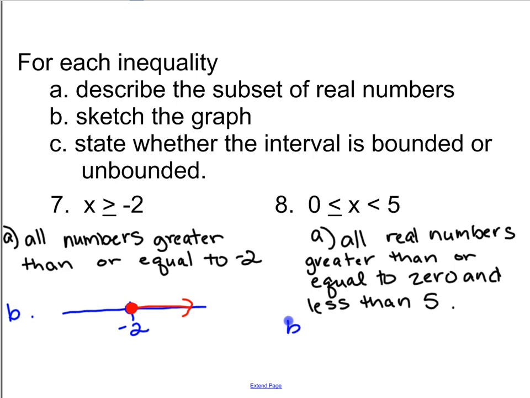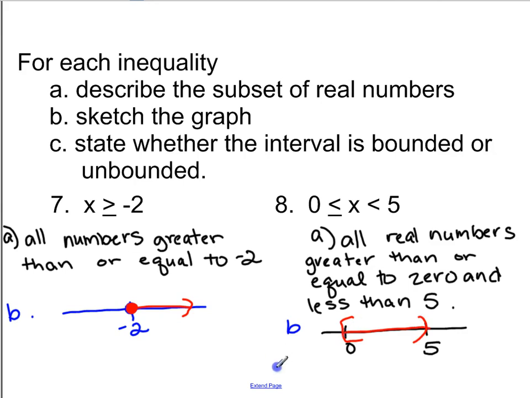Over here, I'm going to draw the number line, and we're going to put 0 and 5 on the number line. And the bracket on the 0 should be closed or square, and on the 5 it should be open or a parenthesis.